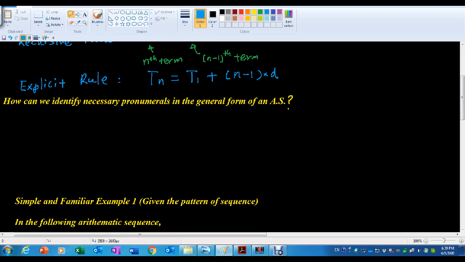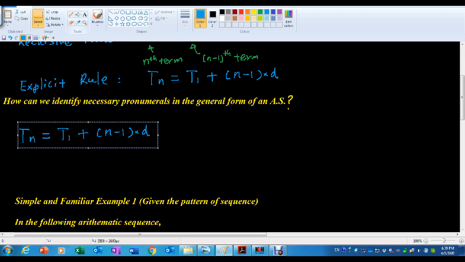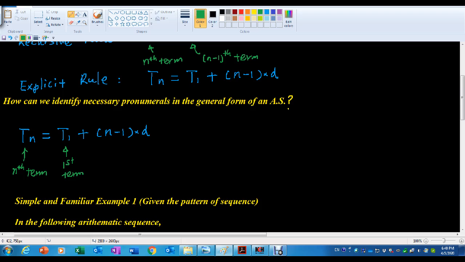Remember, in the explicit rule, Tn is the nth term, T1 is the first term, n is just the number of terms, and d is the common difference.